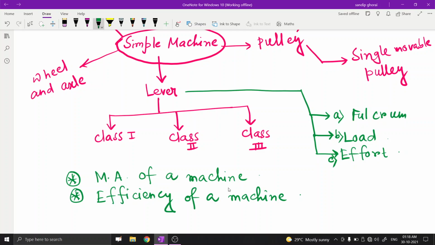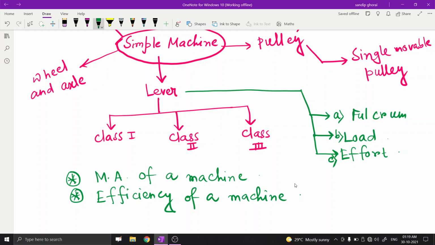And what is the efficiency of a machine? Efficiency of a machine is defined as the ratio of output power to input power, or we can say output energy to input energy. If we multiply this ratio by 100, then we get efficiency in percentage.